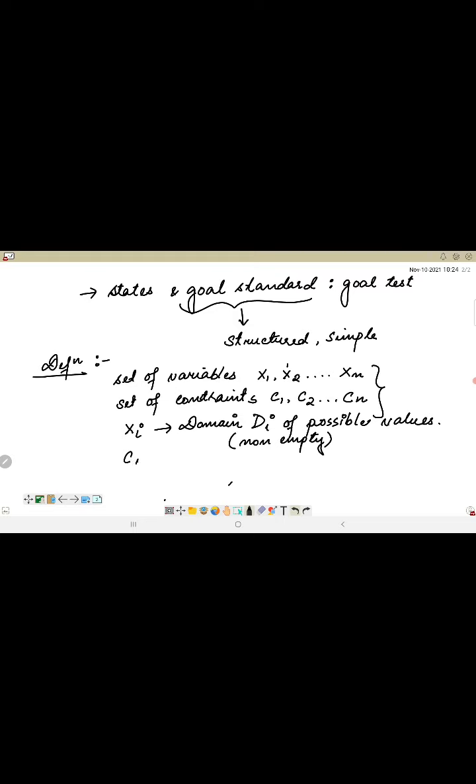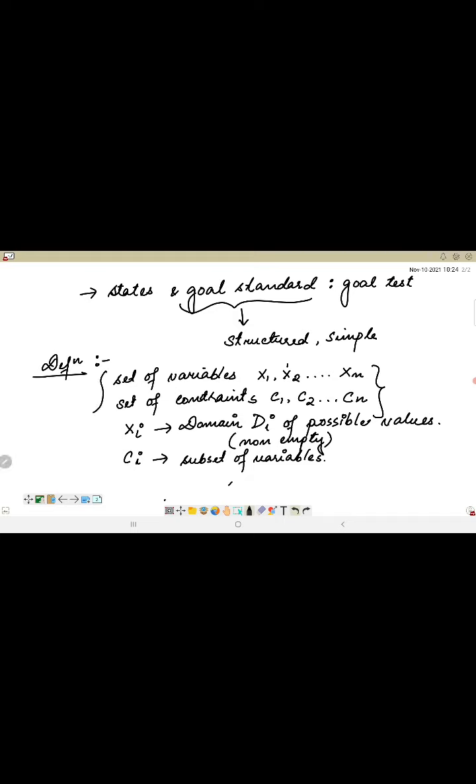So ci will not be associated with just one variable, it will involve a subset of variables, so that we can go by different combinations of the variables, and we can specify the allowable combinations of values for that particular subset.